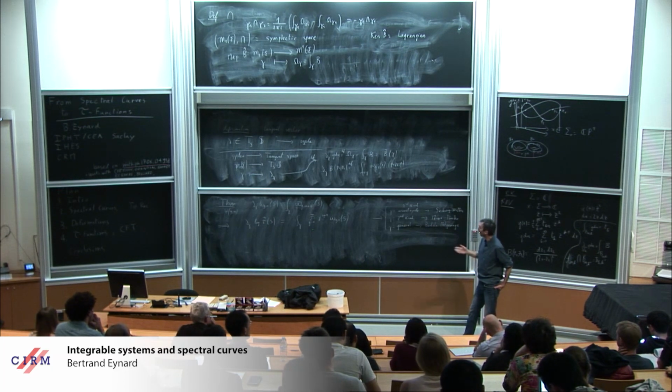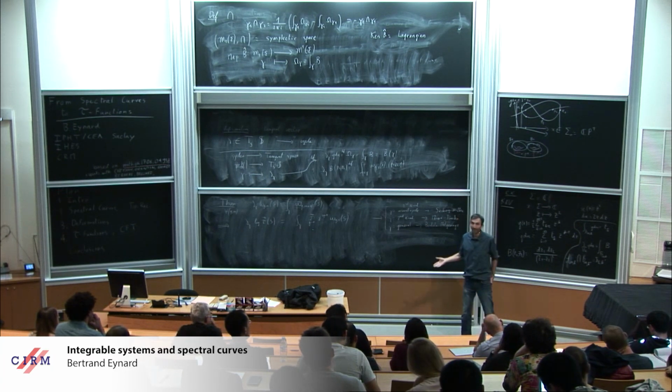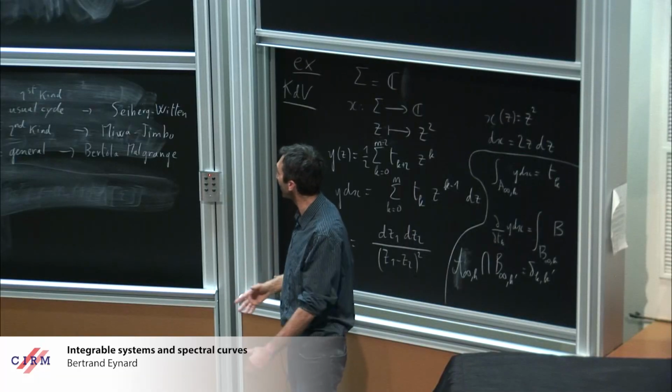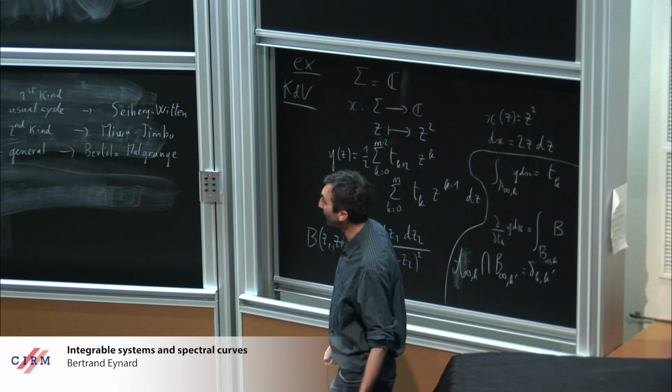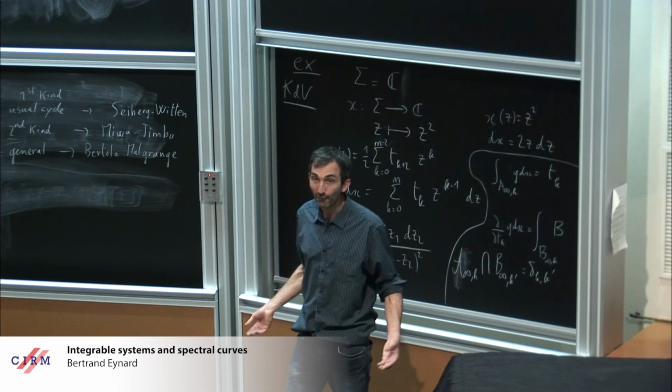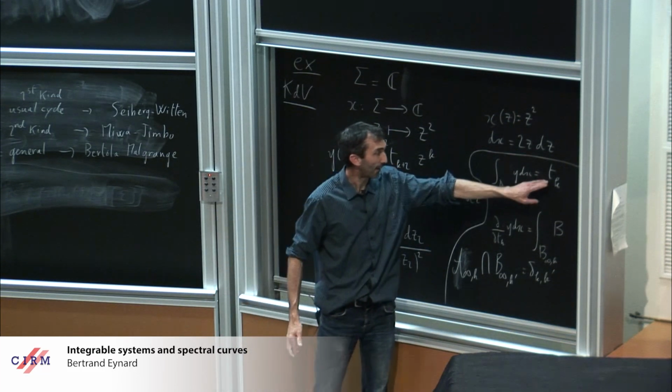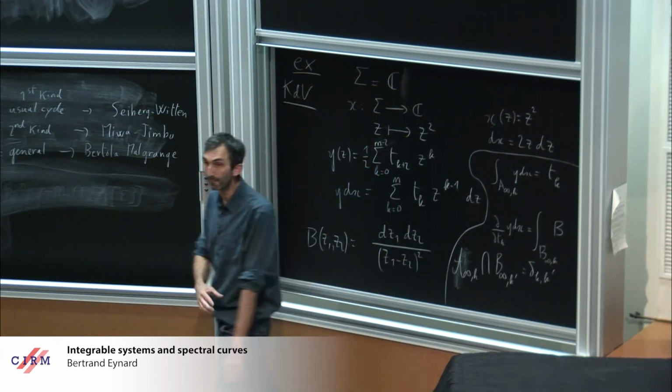What I want to advertise is that this method of looking at integrable systems from the point of view of the geometry of cycles is extremely useful. It makes many things very clear. Instead of studying deformations, you just study cycles. You just study how they intersect and what are their periods. So basically the times are periods, the Hamiltonians are periods.